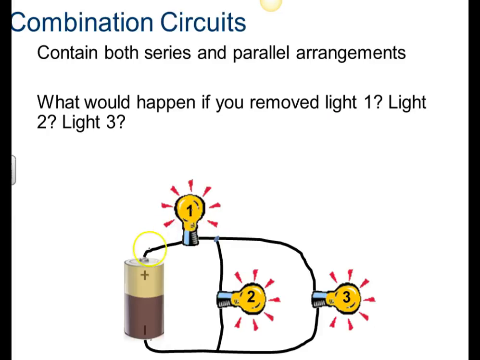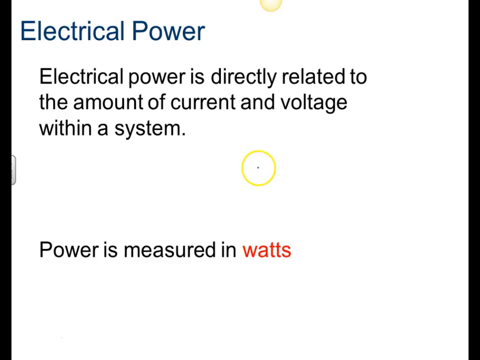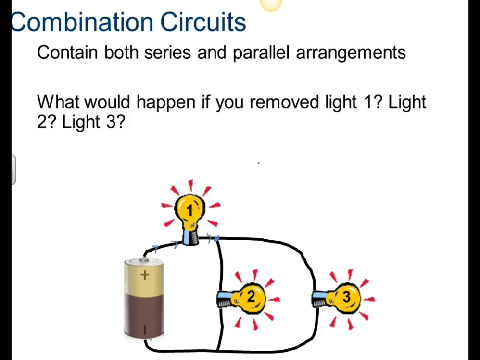Okay, well, let's think about this. If we've got current flowing like so, what would happen to the circuit if you break it at number 1? Well, if you break it at number 1, there's no way for the current to get through the circuit at all. So for light number 1, we would have a break in the circuit.